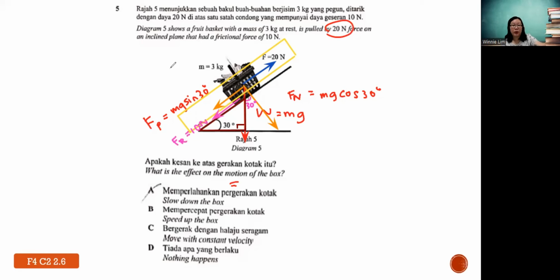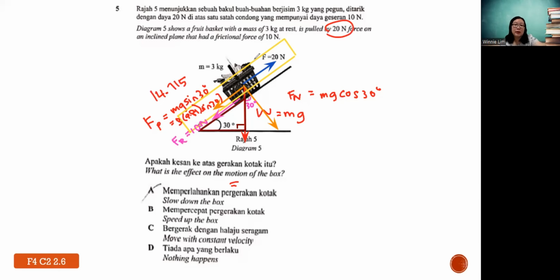Now what you do is calculate FP first. So mg, the mass is 3, g is 9.81, sine 30. When you calculate, you will get 14.715. If you look at the arrowheads, they are in opposite directions.